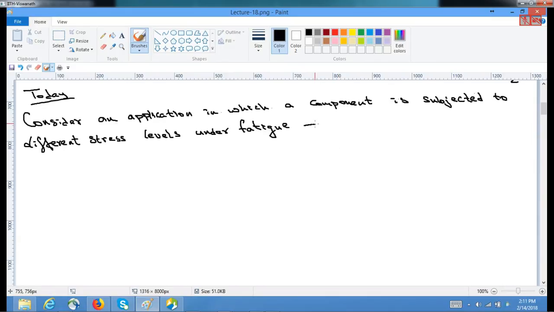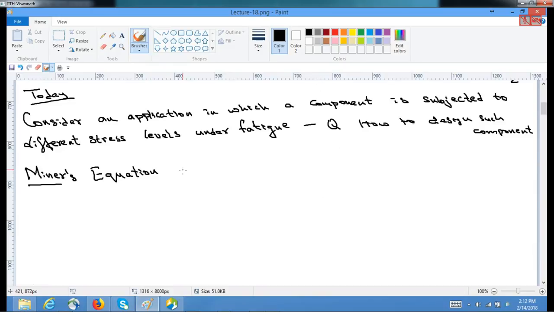We want to know, the question is how to design such a component. So in order to do that, we will call it Miner's equation for cumulative damage in fatigue.